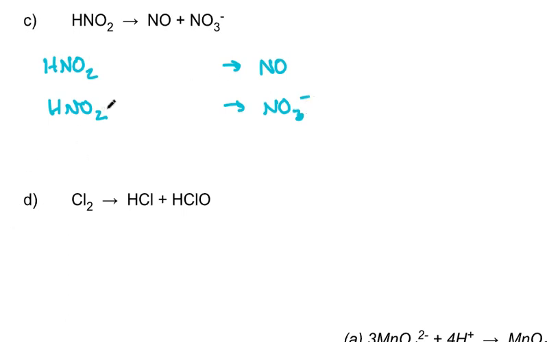Okay, nitrogens are 1-to-1 in both cases, so nothing to fix there. 2 oxygens versus 1, the right side needs an oxygen. 2 oxygens versus 3, left side needs an oxygen. Hydrogen, 1 versus 2, left side needs help. 3 hydrogens versus none, right side needs help.